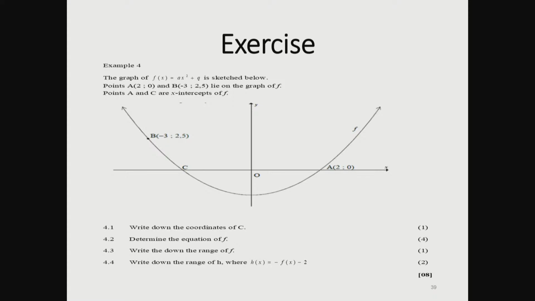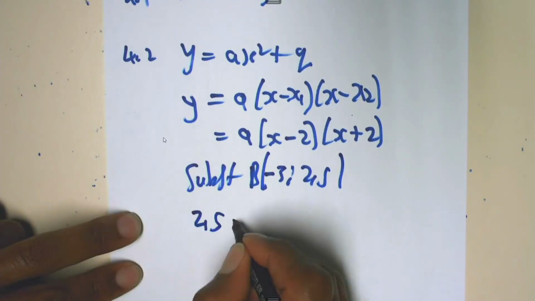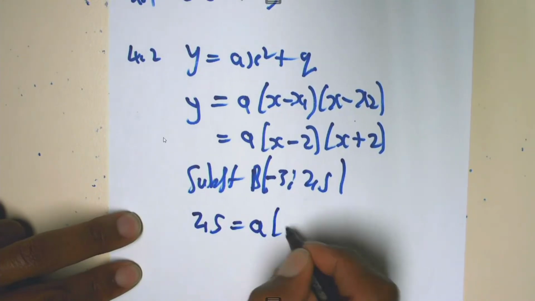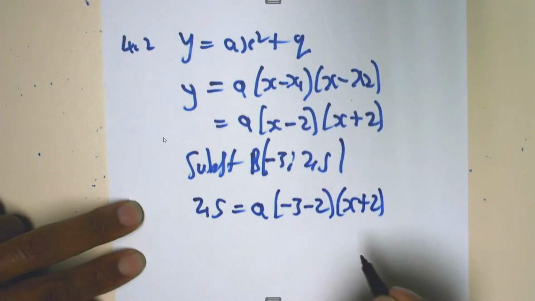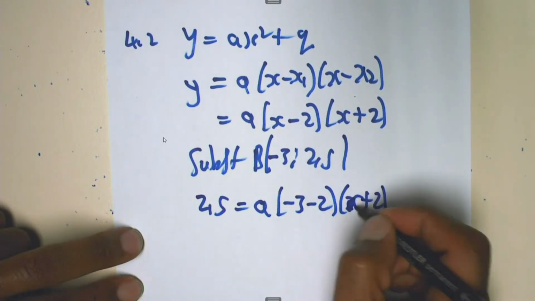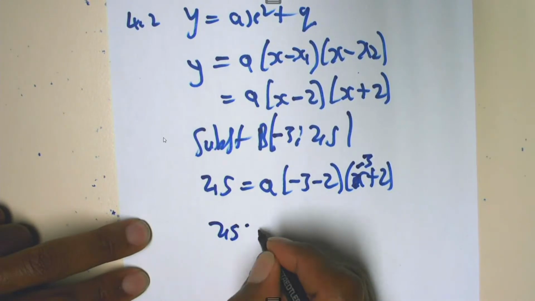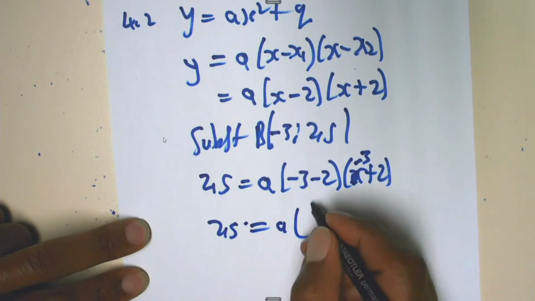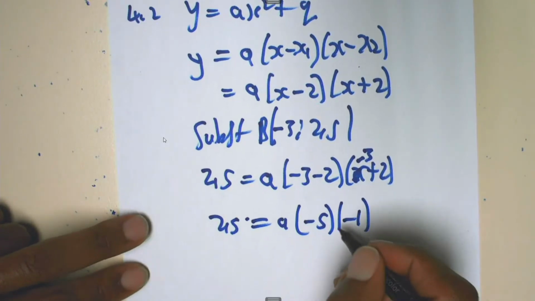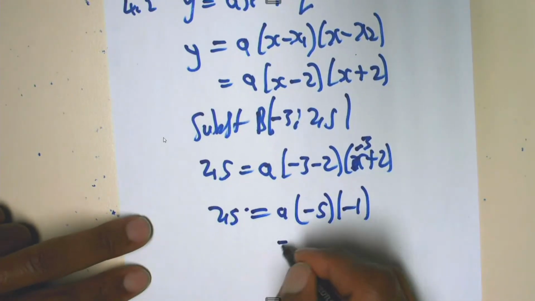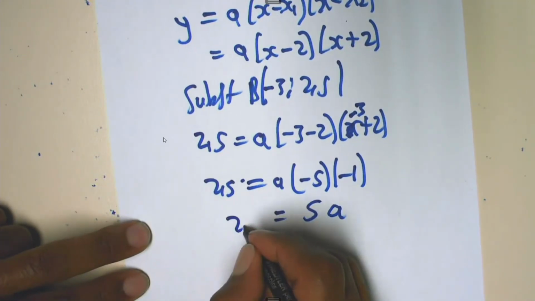Then we have 2.5 equals a into (minus 3 minus 2), then (minus 3 plus 2). When I simplify, I get a into minus 5 and this will be negative 1. Negative times negative is a positive. Therefore, we have 5a equals 2.5.